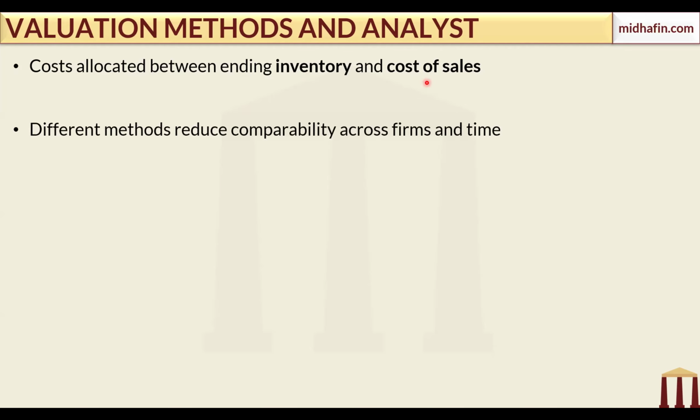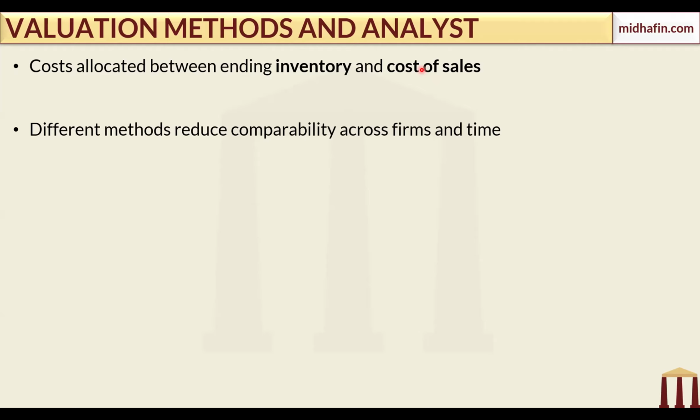So if you have different valuation methods, obviously they will produce significantly different amounts of ending inventory and cost of sales. Okay, as I said, even sometimes the underlying operations might look similar, still their numbers can appear quite different.